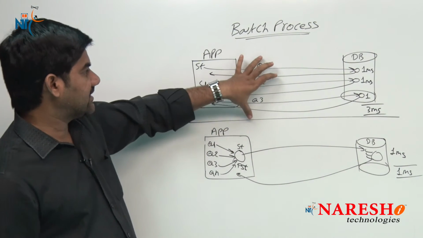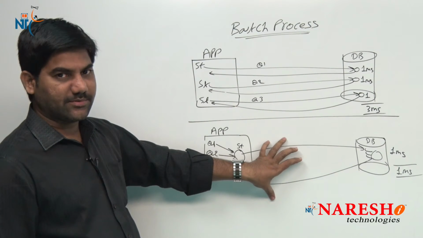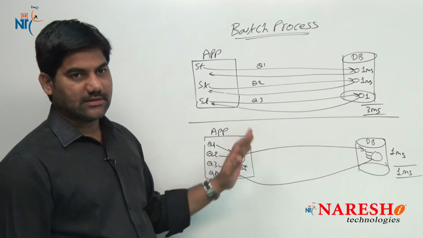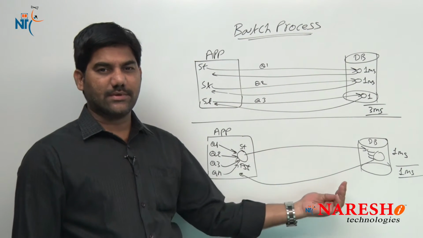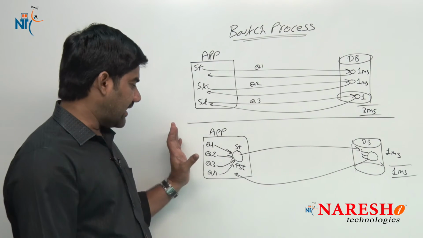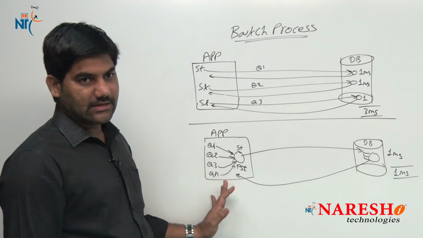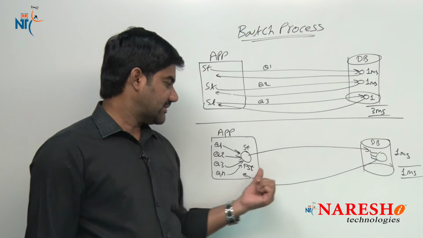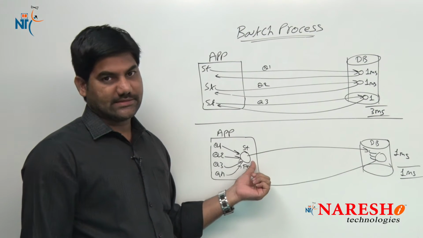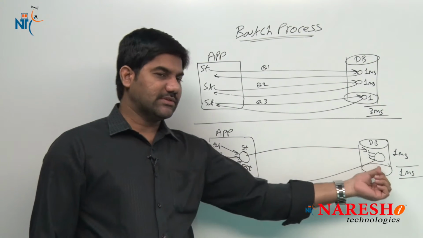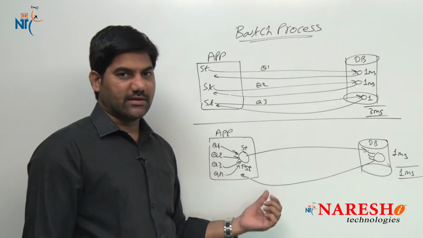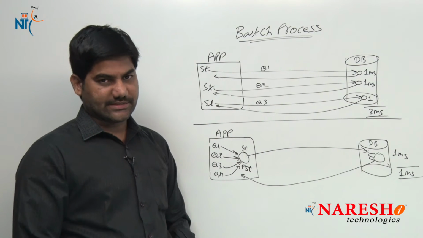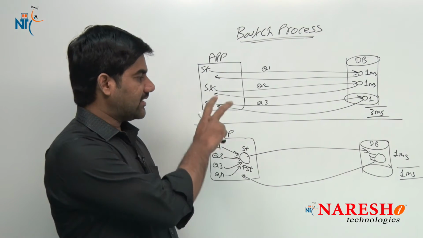So, changing these types of programs into batch programs increases the performance of our JDBC applications, and handling all these queries in a single shot is called batch processing operation. This is the batch, a group of queries, sending these queries together, processing, and coming back, it is called batch processing. The definition and the purpose.